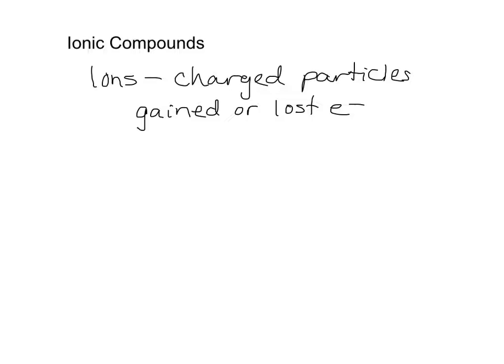Ionic compounds are also made of a metal and a nonmetal, if they're binary. If they're not binary, it's a metal and a polyatomic ion.